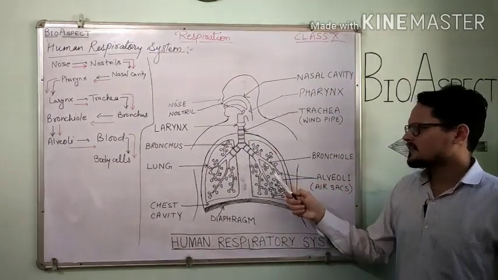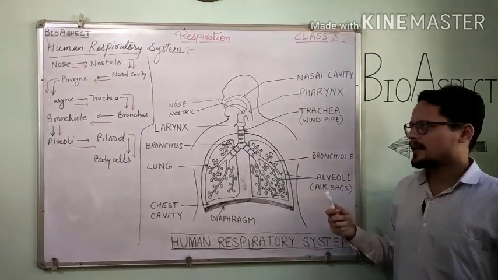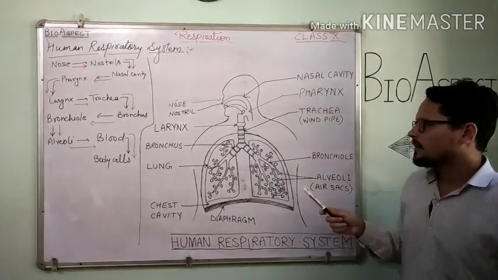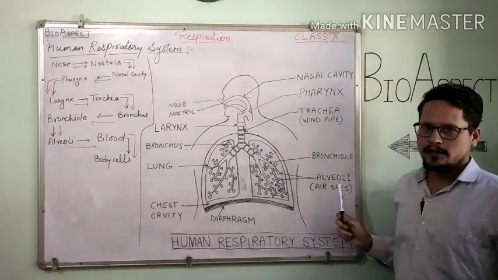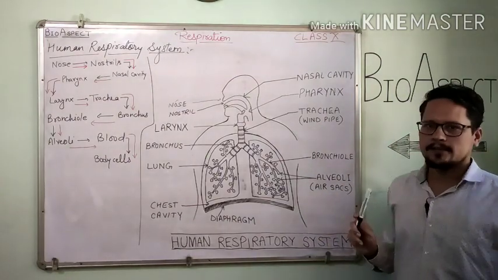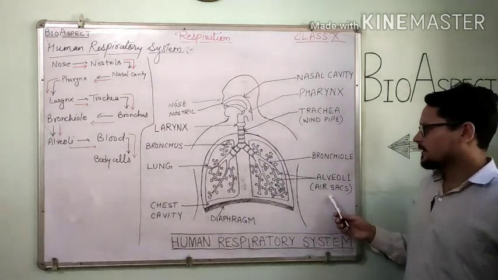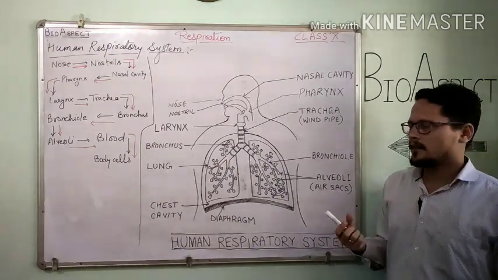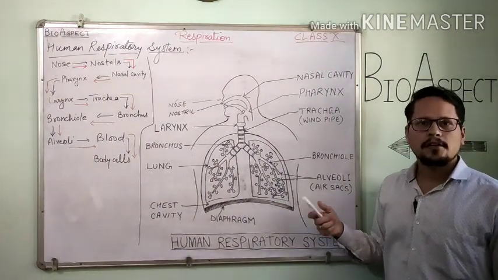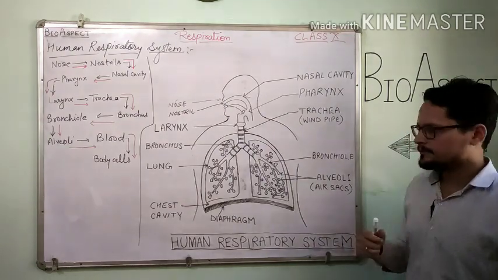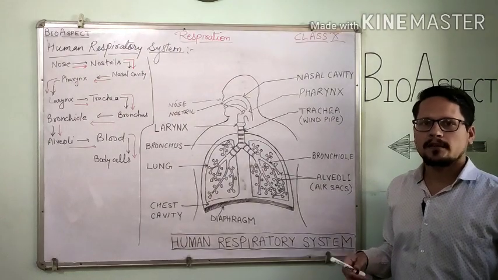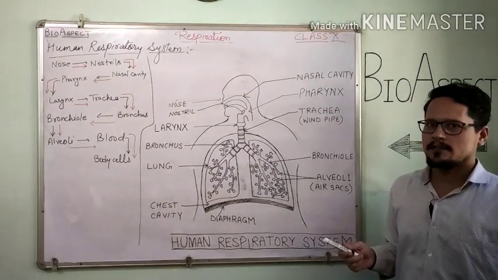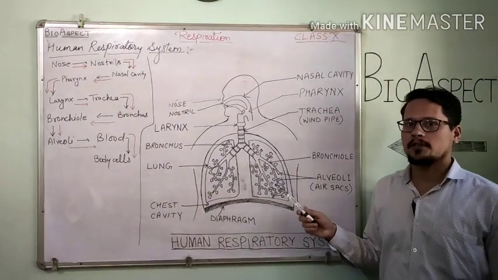In the bronchioles, there are many balloon-like structures present, and these balloon-like structures are called alveoli or air sacs. You can easily say them air pouches, in which air is filled during inhalation. Okay. These alveoli are similar to the villi which are present in the small and large intestine. I have explained in the nutrition topic.